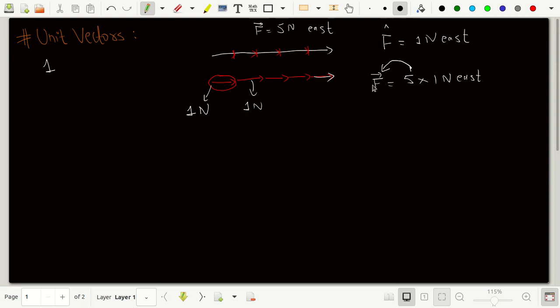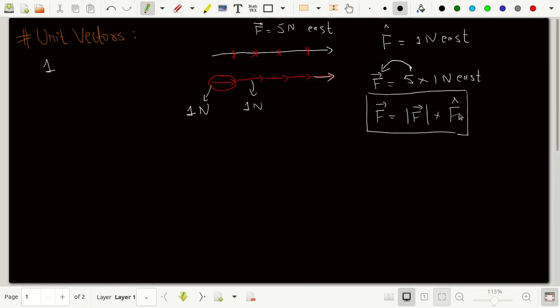Over here the vector is the force vector. This 1 newton east, since it is a unit vector, I can represent by writing F hat. So this is nothing but the expression we wanted.